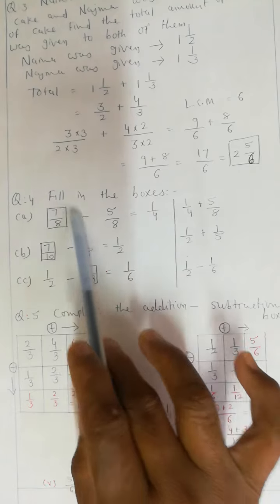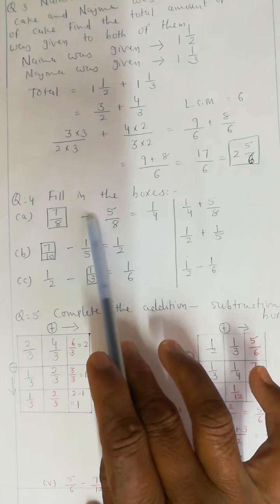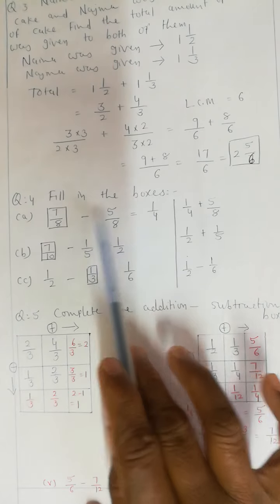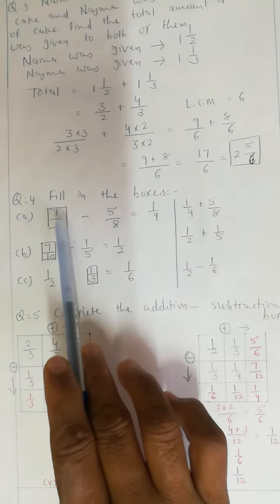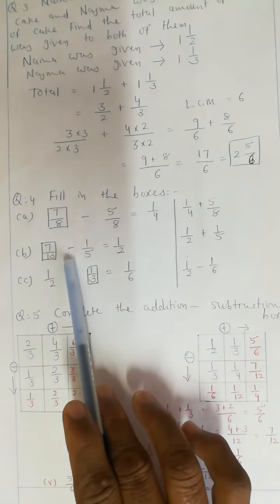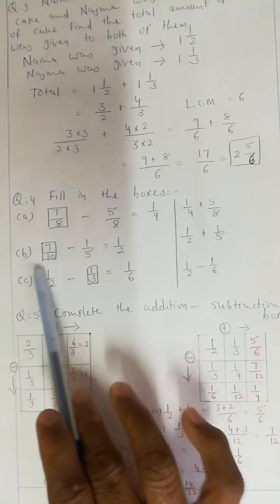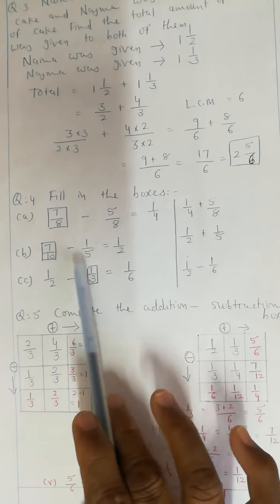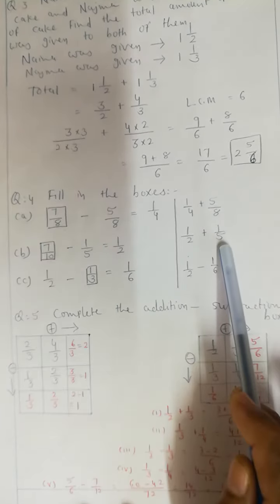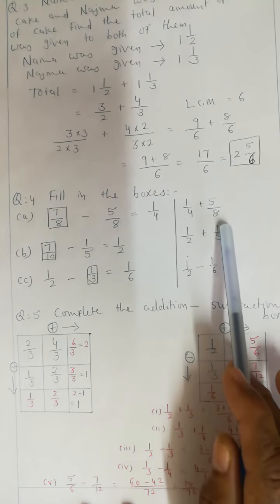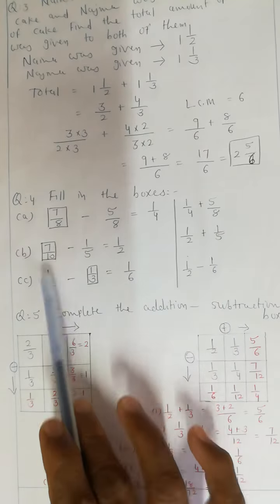To write your answer, you have to add both these numbers because here there is a sign of subtraction. If you add 1 upon 4 and 5 upon 8, you will get 7 upon 8. Now here also there is a box. To obtain the value in the box, you have to add both these numbers, 1 upon 2 plus 1 upon 5. 5 ones are 5, 2 ones are 2, means 5 plus 2, 7 upon 2 fives are 10.